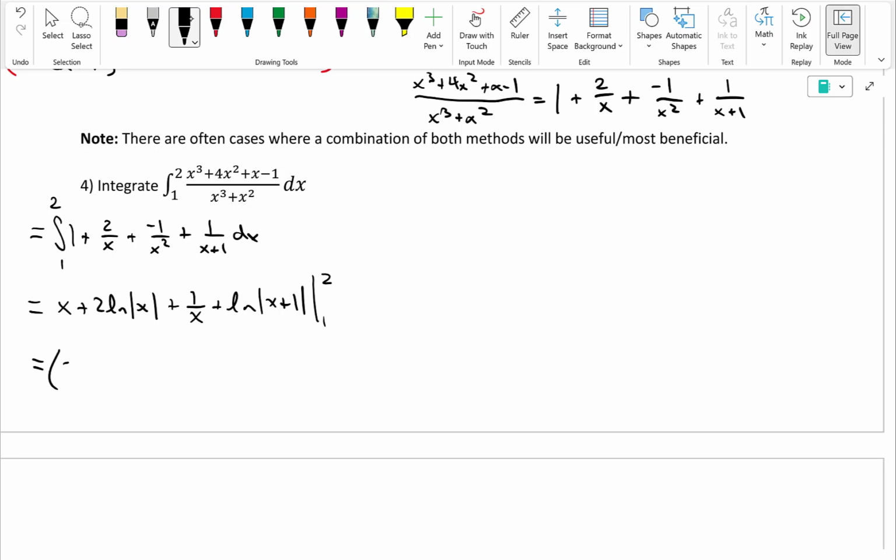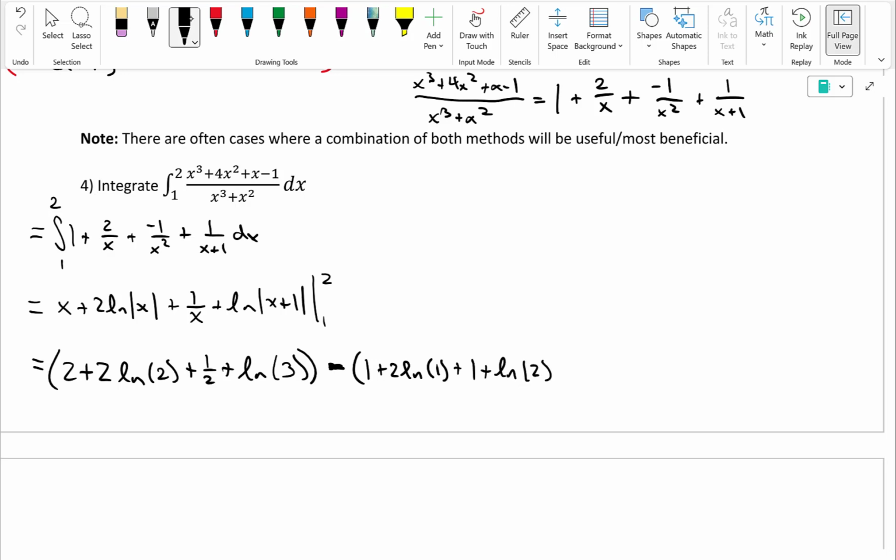So we get a 2 plus 2 times the natural log of 2 plus 1/2 plus natural log of 3, right? 2 plus 1, minus, not equals. If we sub in 1, we get a 1 plus 2 times natural log of 1, which will be 0. 1 over 1 is just 1, and then plus the natural log of 2.